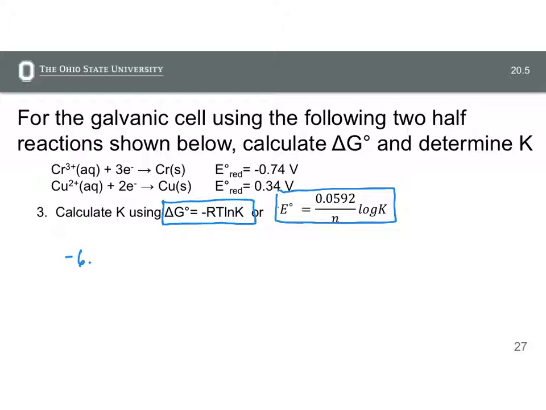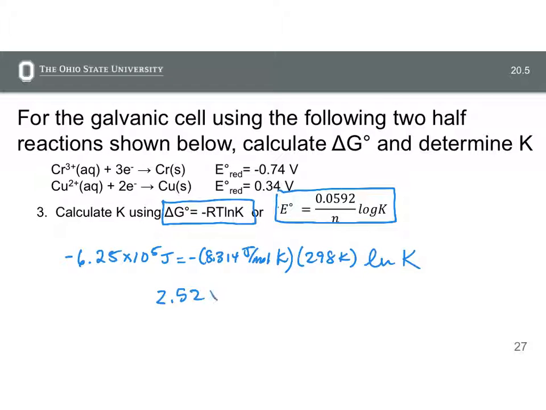Okay, so if we do delta G equals minus RT ln K, we'll take our delta G we just calculated, minus 6.25 times 10 to the 5th joules, equals minus R, 8.314, times temperature, 298 Kelvin, ln of K. You should get 2.52 times 10 to the 2 equals the natural log of K, or 252.